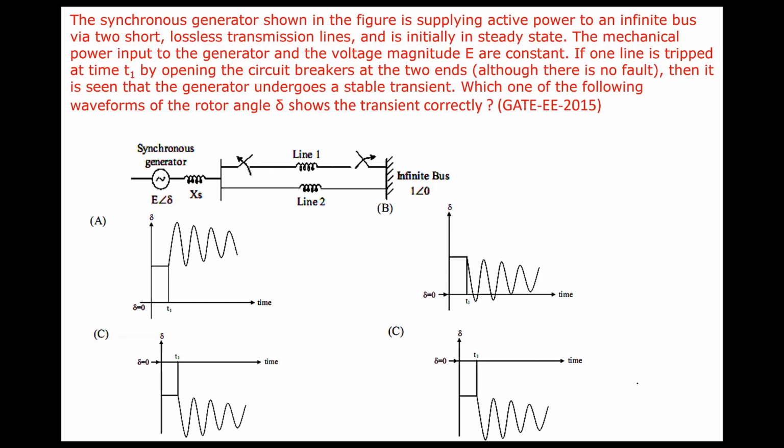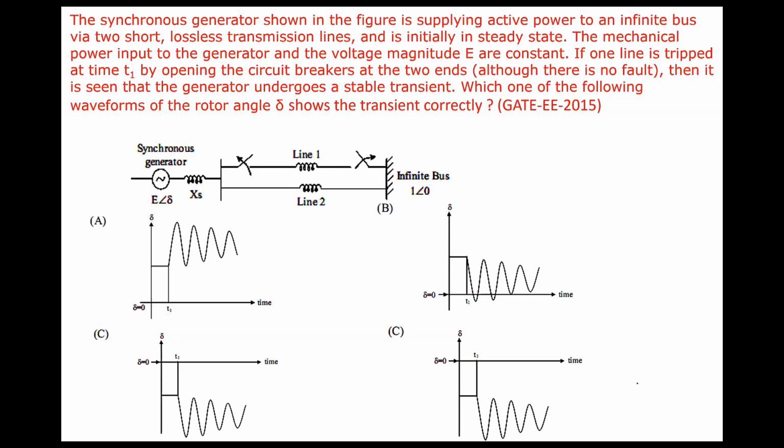Very simple question. You simply have to select what is the right waveform. Read the question and try to answer this one. A synchronous generator is supplying active power to an infinite bus bar through a lossless transmission line, and it is initially in steady state.